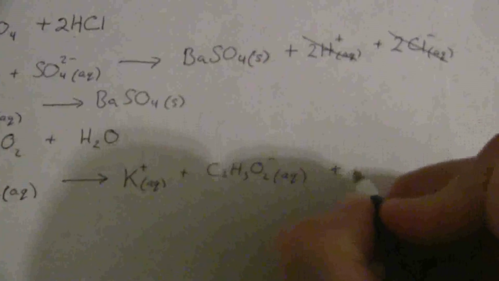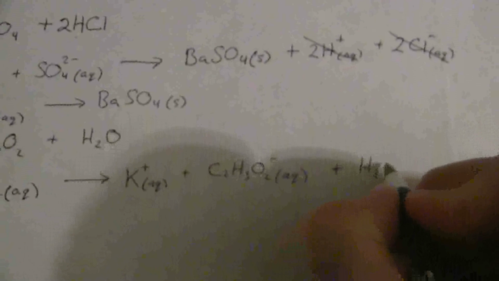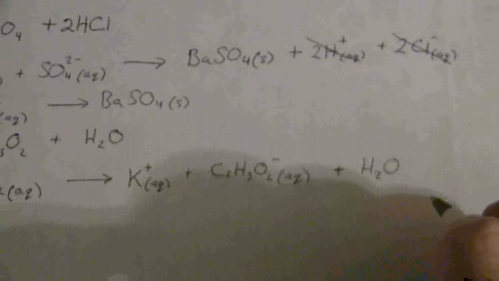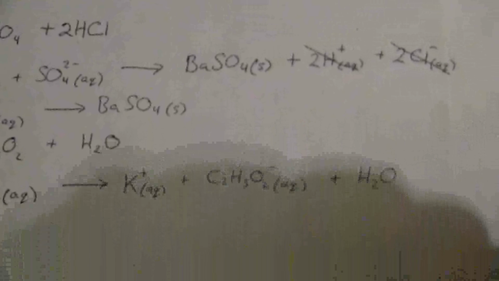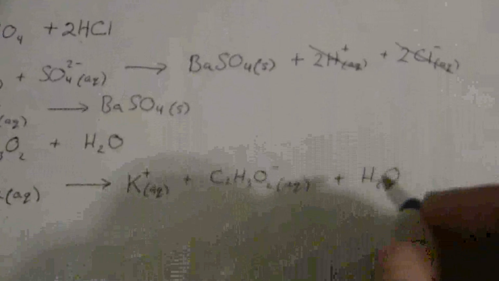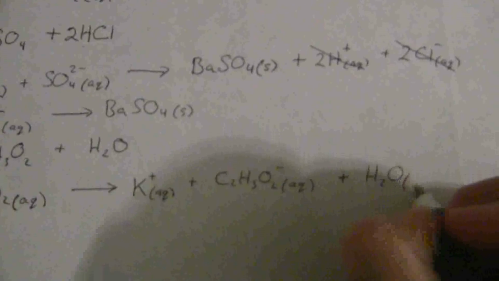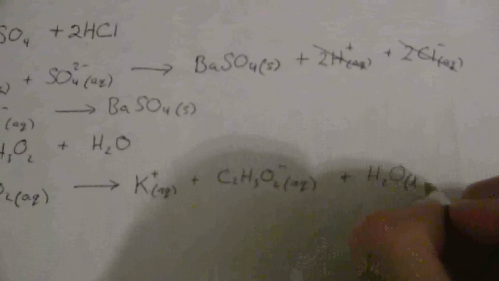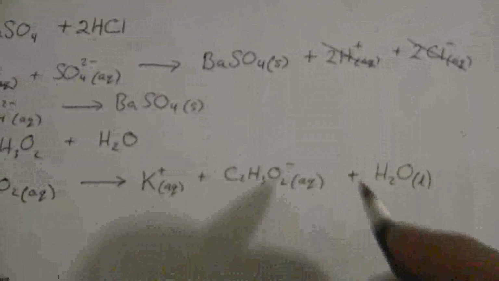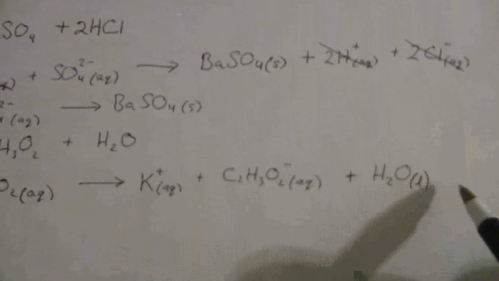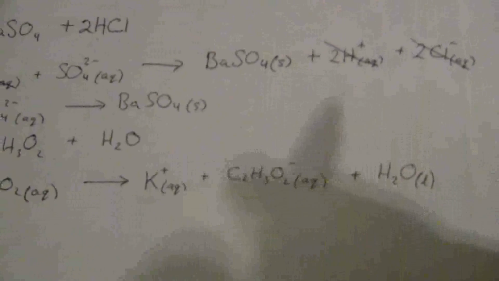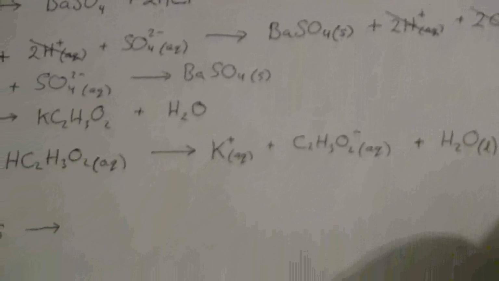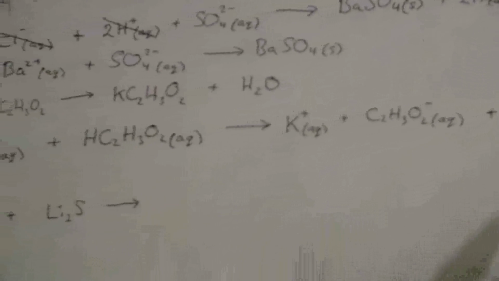Well, water is just water. It does not dissociate in water, and we don't put aqueous because it's water, so it's a liquid. That would be redundant if we said aqueous. The water is with water. It's already water. So that's all we do with that one.